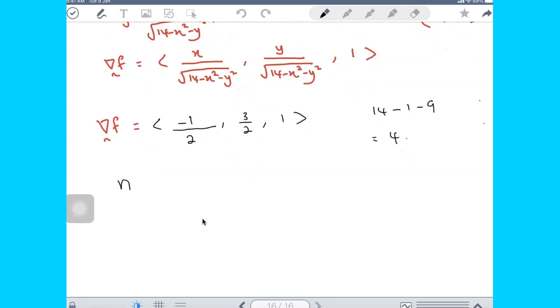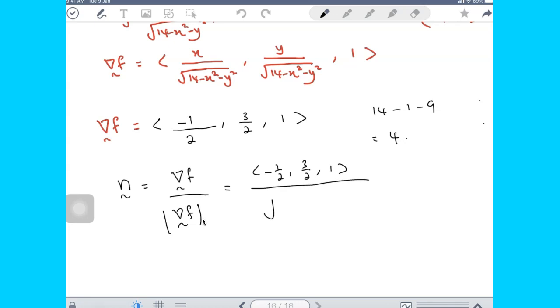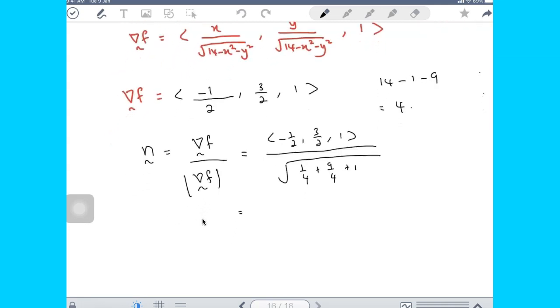But since we want to obtain the unit normal vector, gradient f over its magnitude, then -1 over 2, 3 over 2, 1 divided by the square root of 1 over 4 plus 9 over 4 plus 1. So we have 10 over 4 plus 1, so we have 14 over 4. Is that correct?